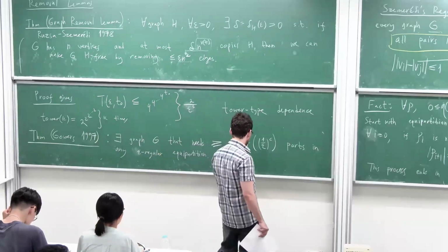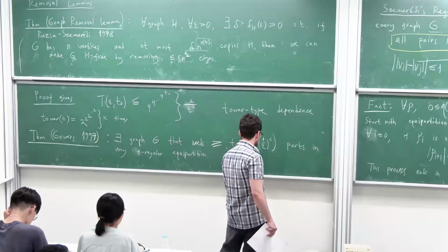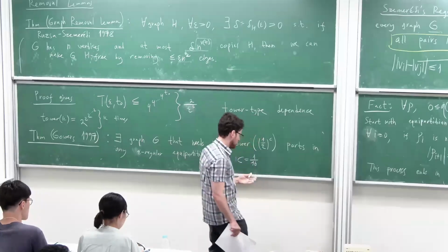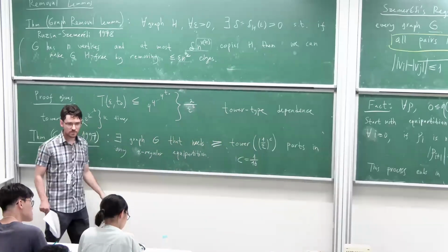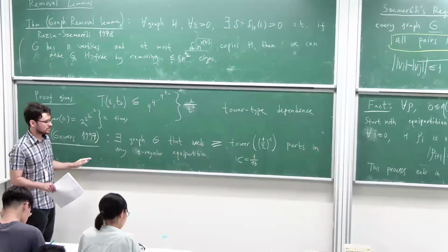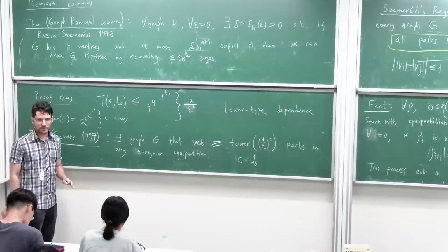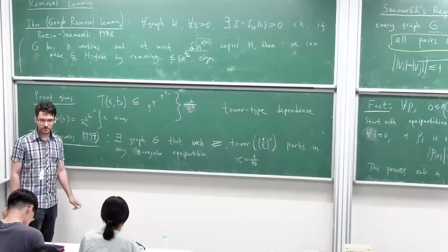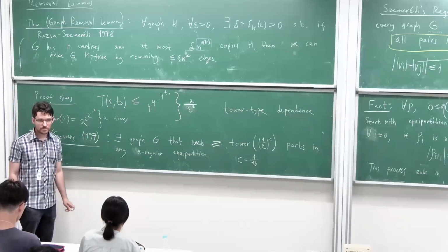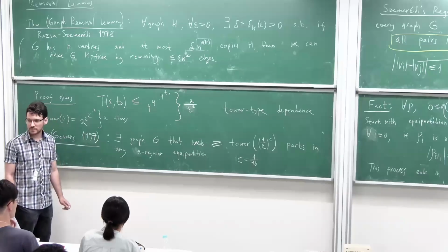So I think Gowers proved it with 1 over 16. Now I think by now there are better bounds. The bottom line is that we need this tower type to have such a representation. Questions? Yes.